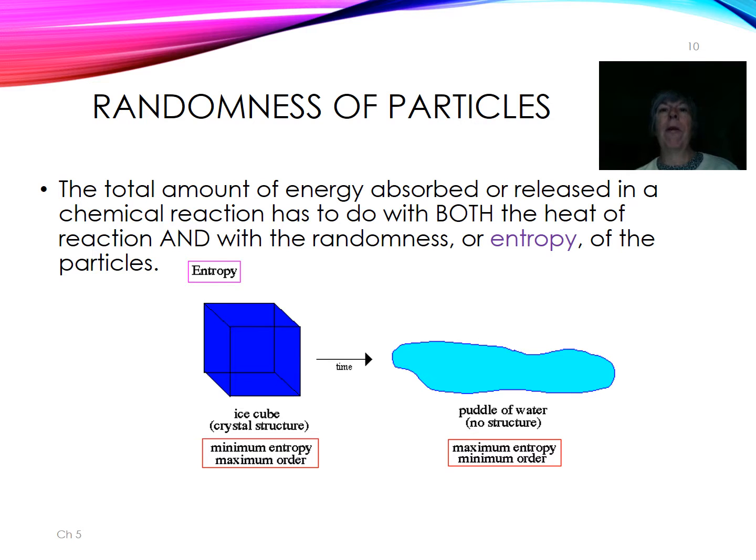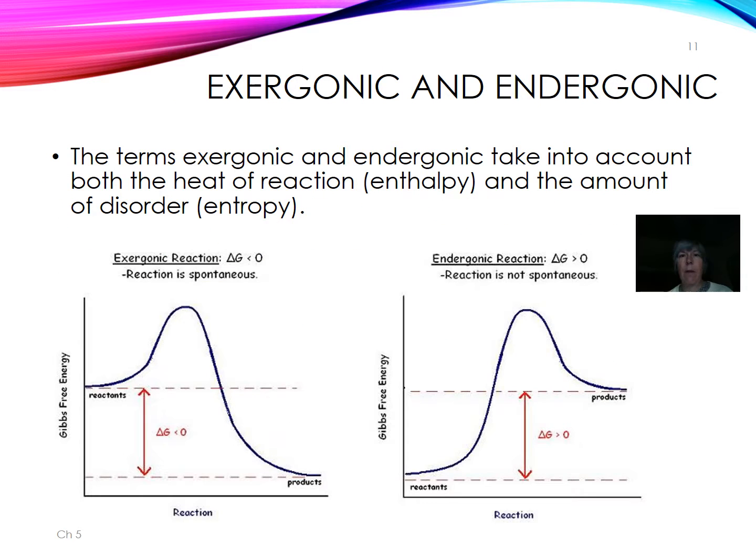The total amount of energy that's absorbed or released in a chemical reaction has to do with the enthalpy, or the change in heat of the molecules, as well as the randomness of the particles. And we call that randomness of particles entropy. So instead of exothermic and endothermic, sometimes chemists use the terms exergonic and endergonic, but they mean essentially the same thing.